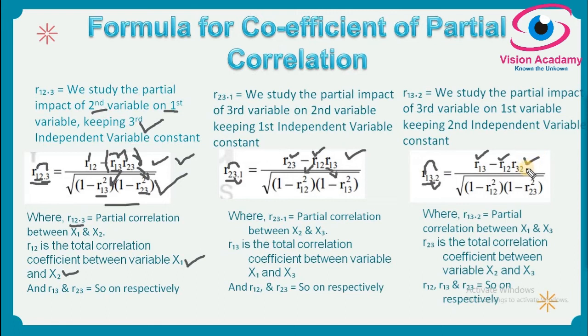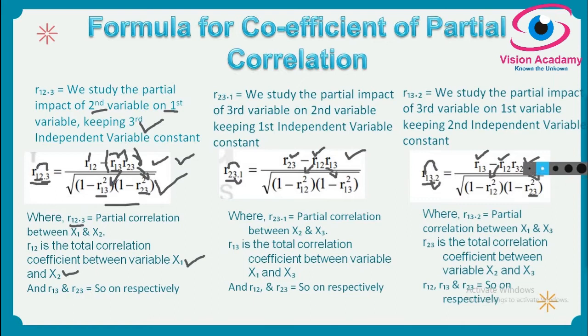In the denominator, for the last I will consider the last element only, that is zero order correlation R32. 32 or 23 are both the same, which we have used interchangeably, that's all. For the other element we will consider R12, so R square 12, and the same thing we did in the case of R23.1 and R12.3 will be done here also.